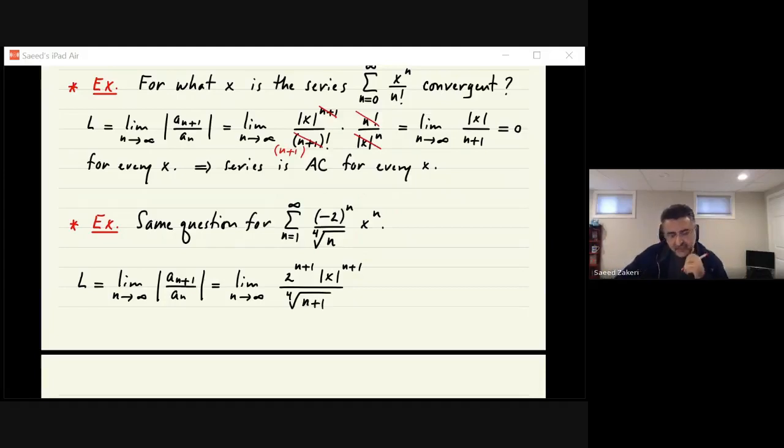That's absolute value of a n plus 1. And then instead of dividing it by absolute value of a n, it's much easier to multiply it by its reciprocal, which is fourth root of n divided by 2 to the n absolute value of x to the n.